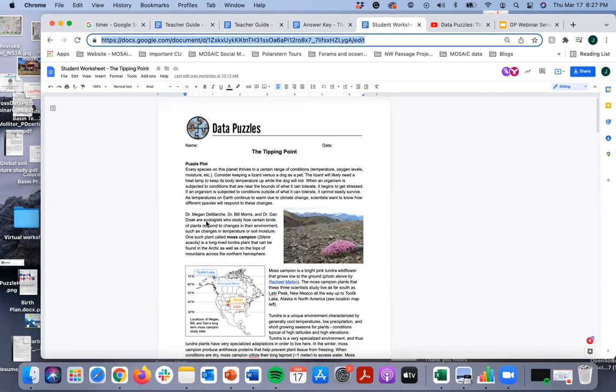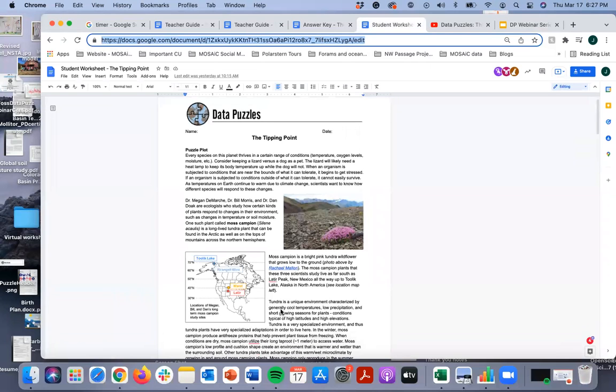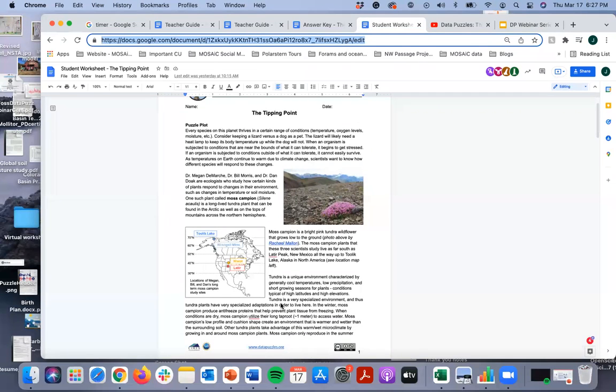I'll put up a timer. I'll give you 5 minutes to read through this puzzle plot text, and again ask you to find the investigative question and to think about how the ideas presented in this reading could be related back to that opening scenario.